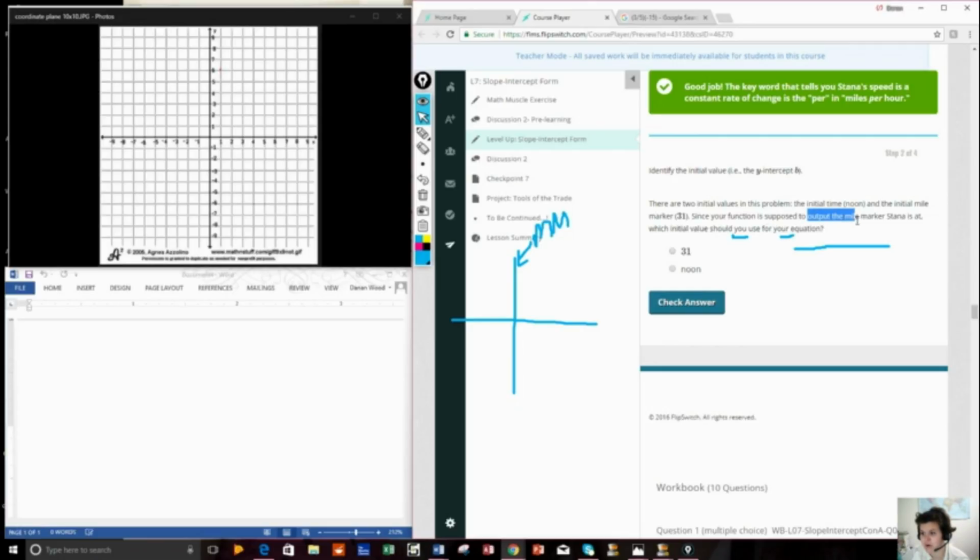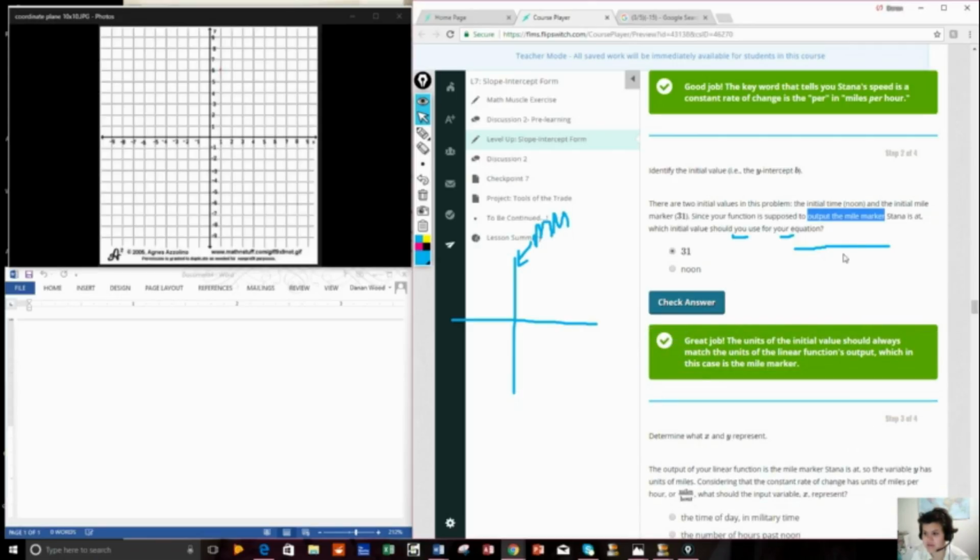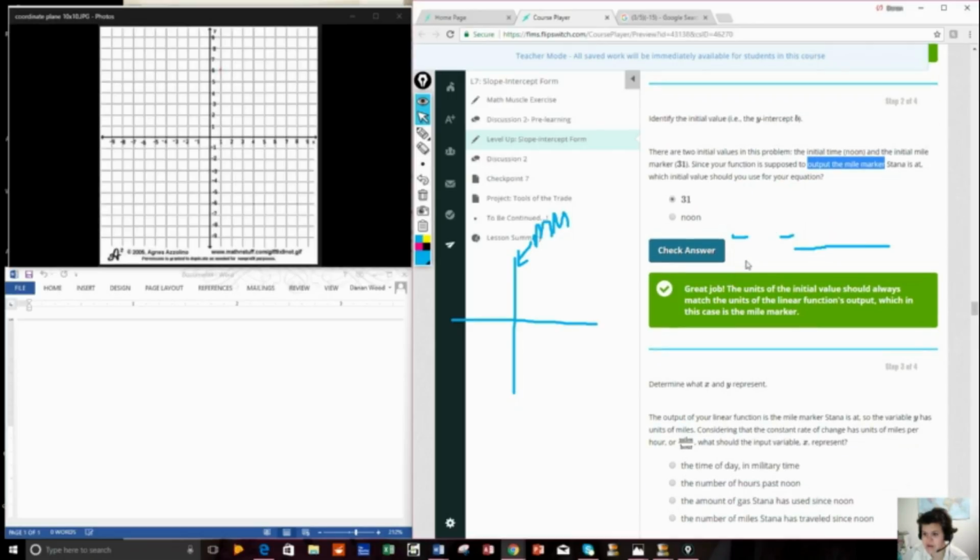The output is the mile marker, and we even labeled it right here, using mm for mile marker. That's the y-axis for our graph. So that is our output. That is 31. That is our initial value, our y-intercept.